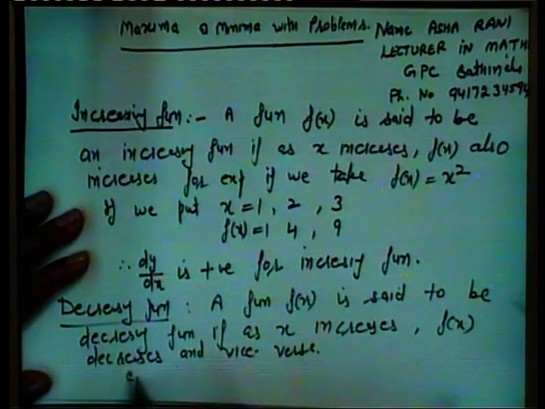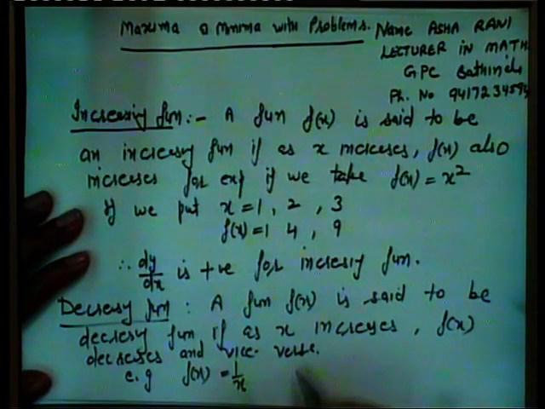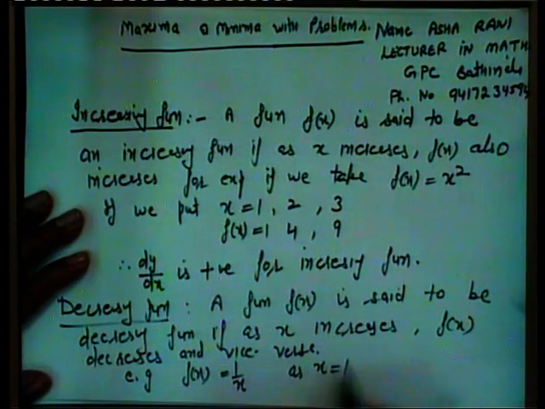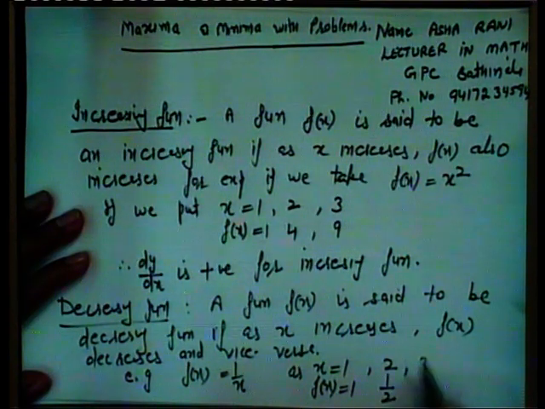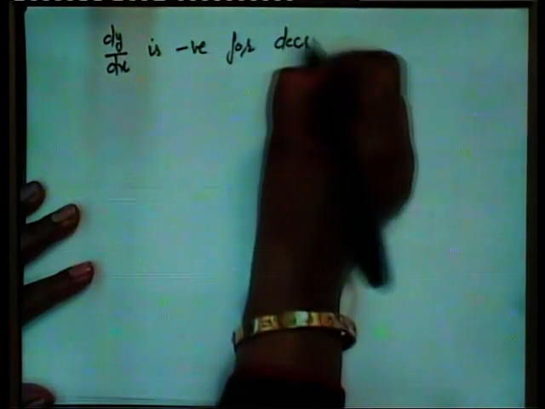For example, if we take f(x) = 1 by x, as x is 1, f(x) is 1, x is 2, f(x) is 1 by 2, x is 3, f(x) is 1 by 3. x is increasing and f(x) is decreasing. dy by dx is negative for a decreasing function.